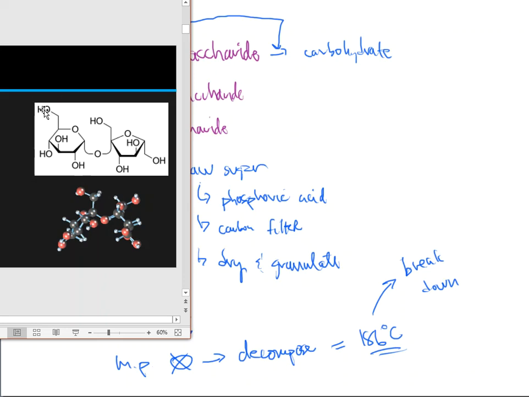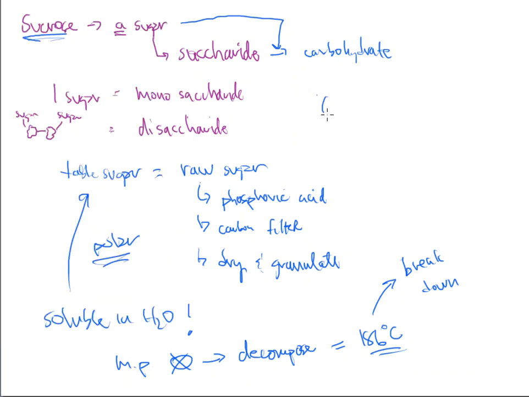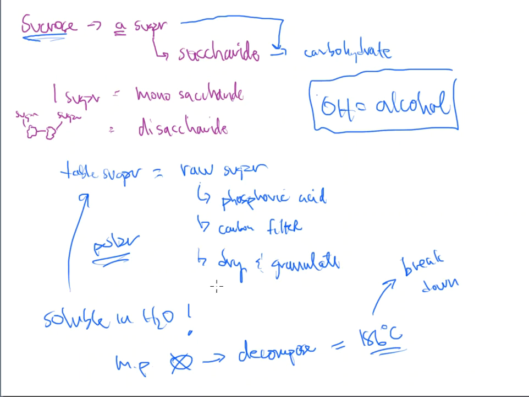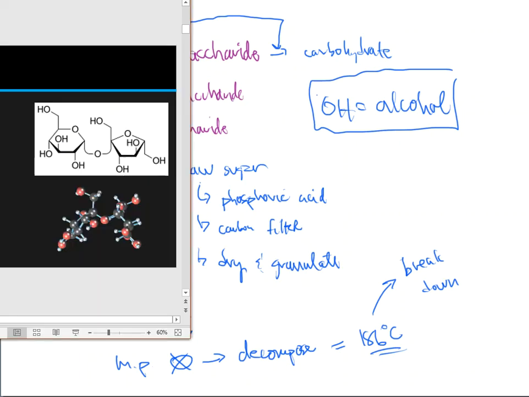So all of these OH groups that are on this molecule, those are functional groups. And an OH group is the functional group for an alcohol, right? Anytime in chemistry we see the OH group, we're going to say it has alcohol groups on it. And this has quite a few alcohol groups, right?